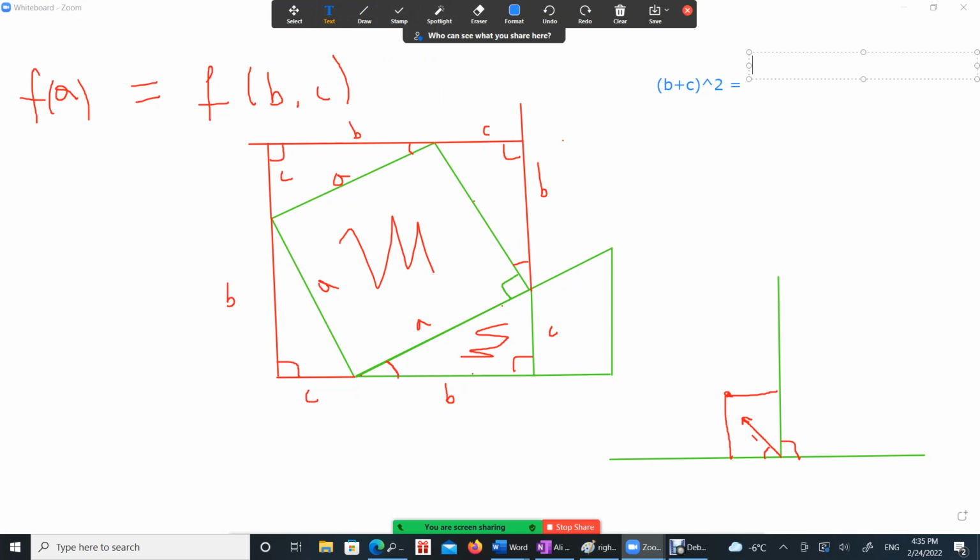So the thing we would write here is that we have 4 multiplied by the area of these triangles, which would be B times C. So let's write it in this way, B times C over 2.